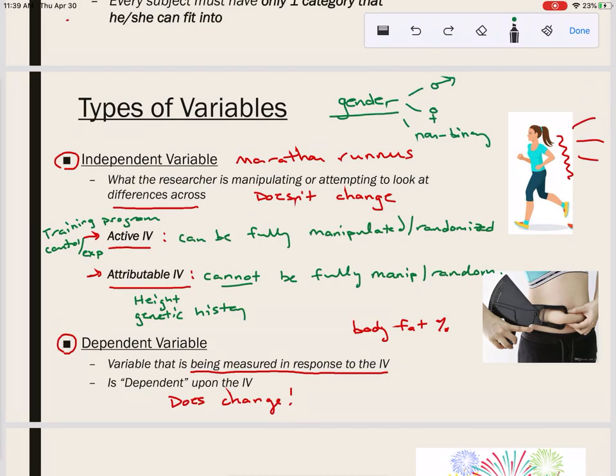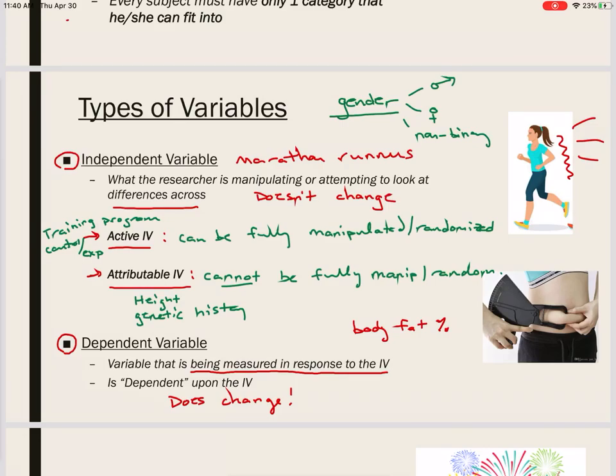You can change control versus experimental. Let's say I want to see the efficacy of a medication that is being developed. You could fully manipulate or randomize who gets the placebo and who gets the actual medication, but you cannot fully randomize genetic history and height.